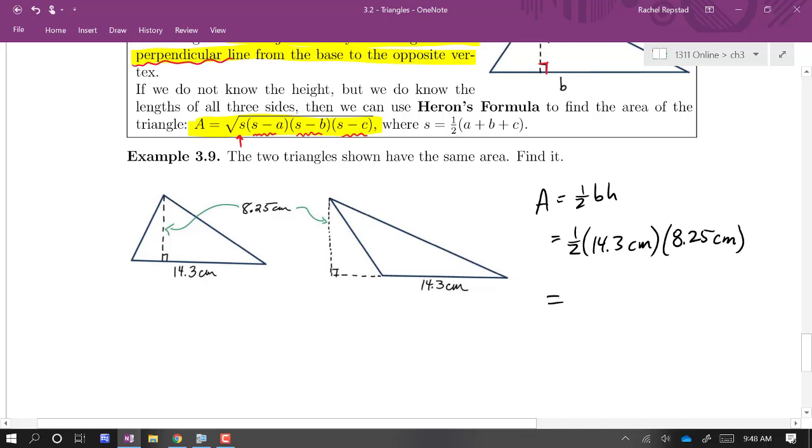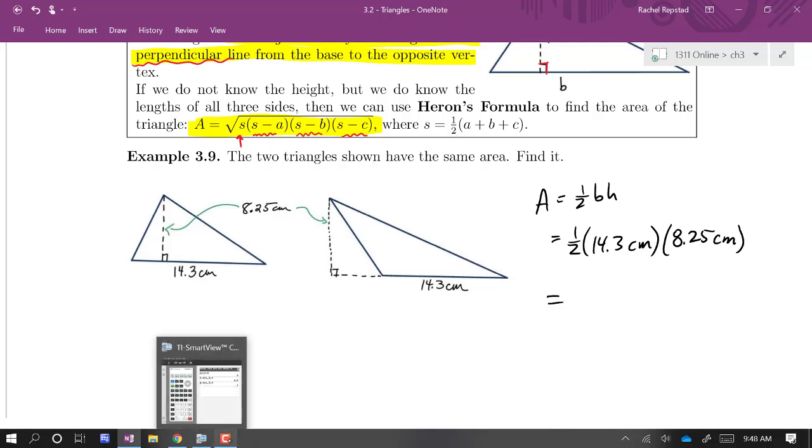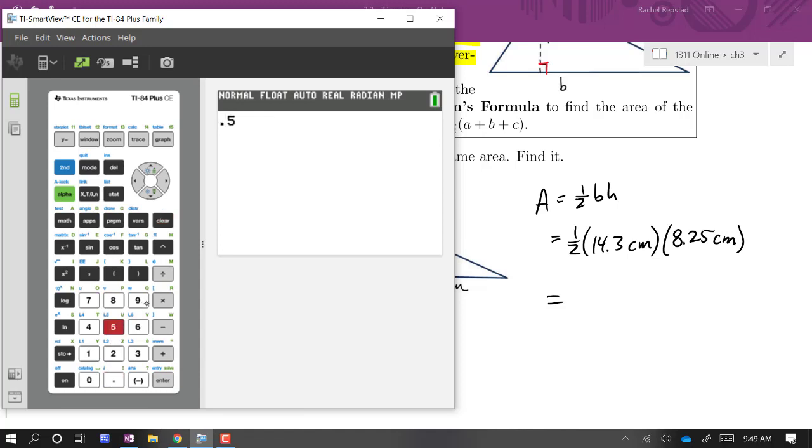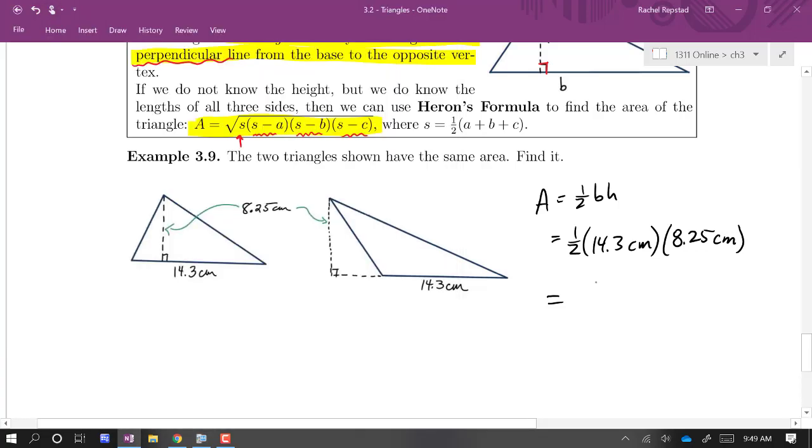Now I like including the units when I write this out just because it gives me a nice reminder of what my units are going to be when I'm done. So if I multiply 1/2 times 14.3 times 8.25, I get 58.9875.